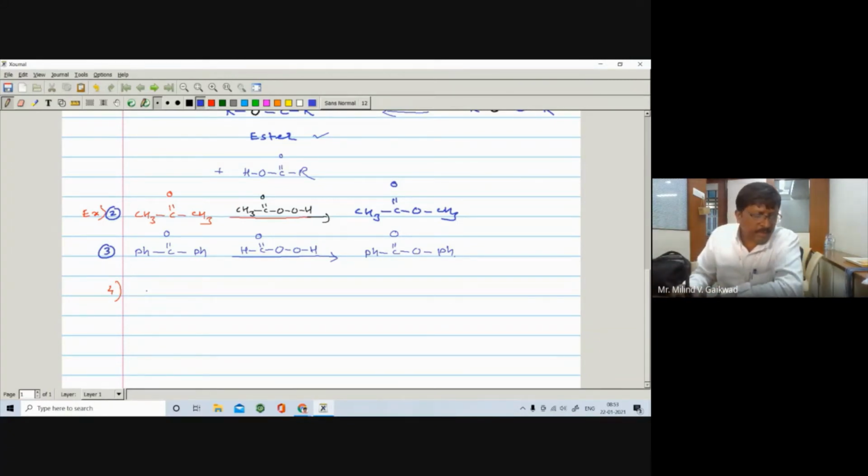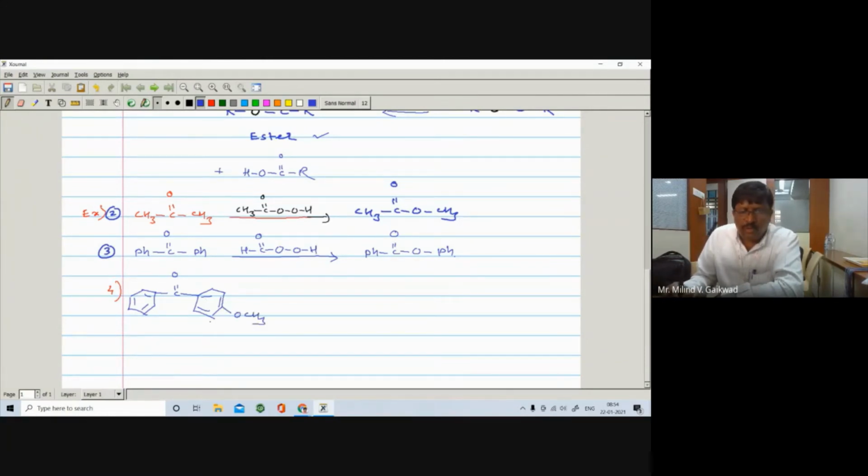For example, here is a benzene nucleus with a pi bond and a C double bond O, and also another benzene nucleus, with a pi bond, and at the para position there is a methoxy group.